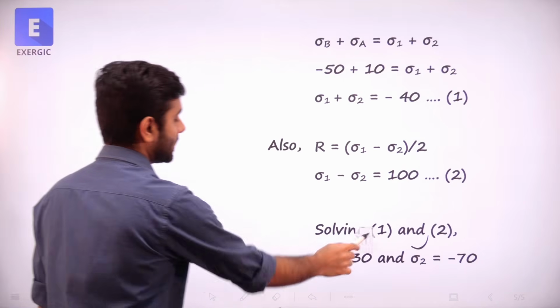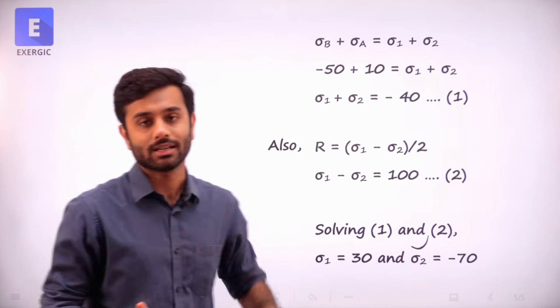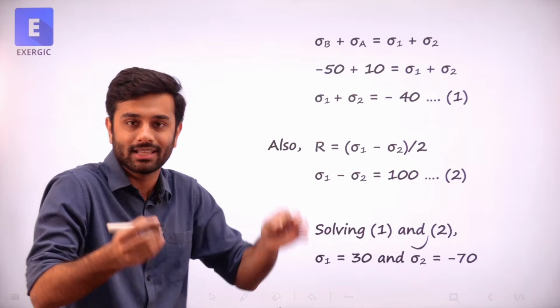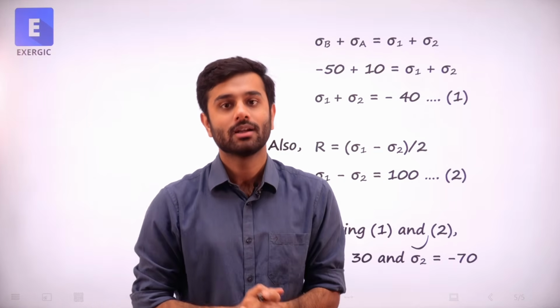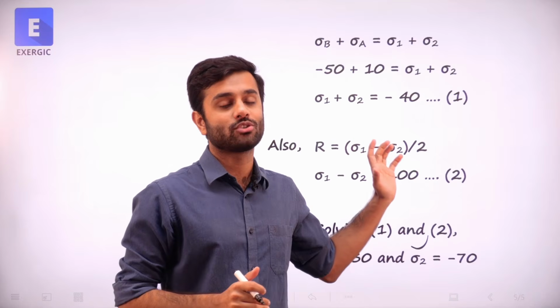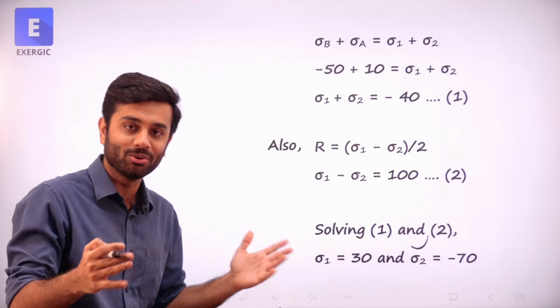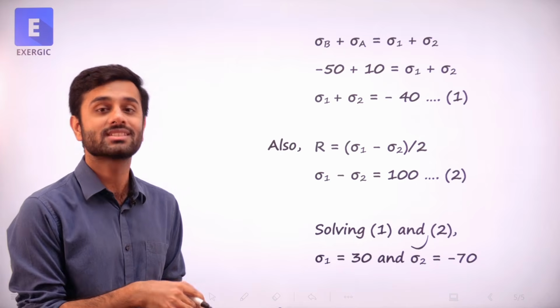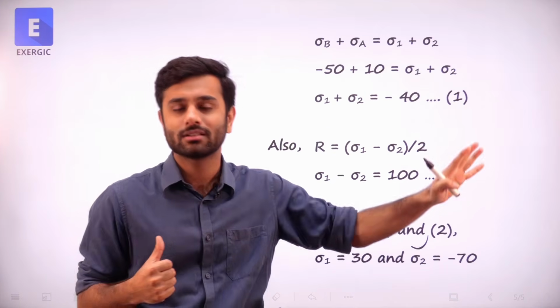So sigma 1 and sigma 2 will come out to be this, just by solving these two equations. Got it? But again I am telling you, there are many ways to solve other than this method, other than actually forming the equations. But this method is not useless. Such things should be known to you. Such things will help you in other types of questions. So I am not saying that if you are getting an answer by a faster method, forget the longer method.